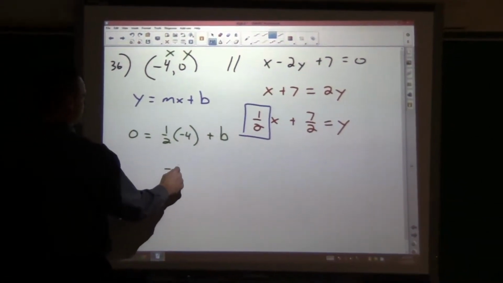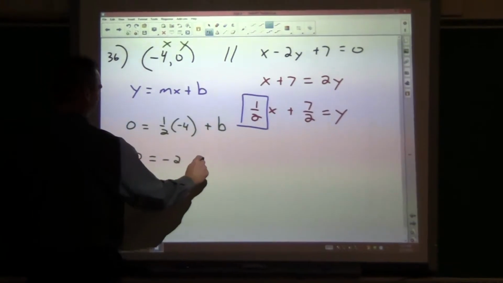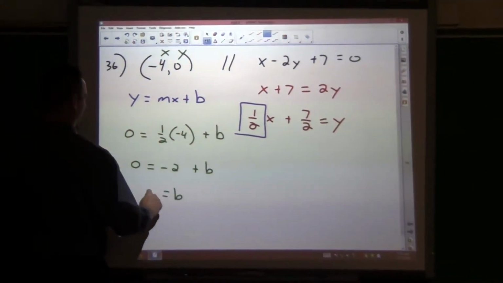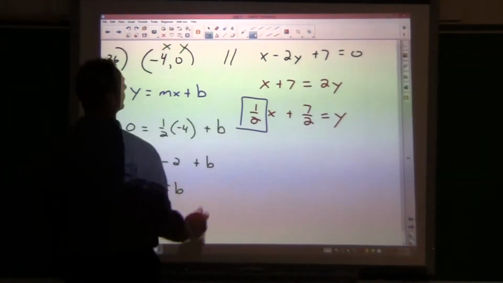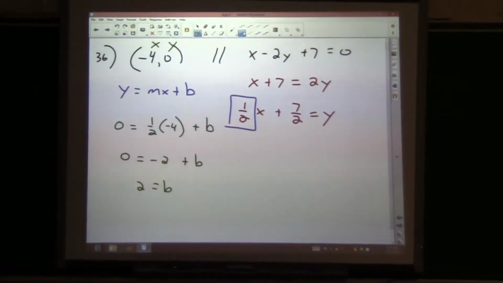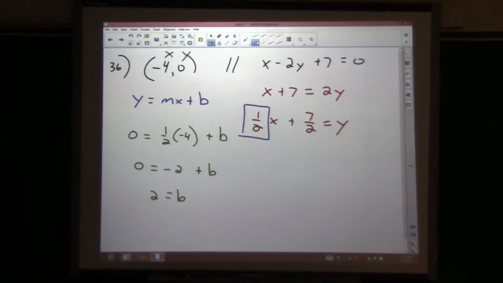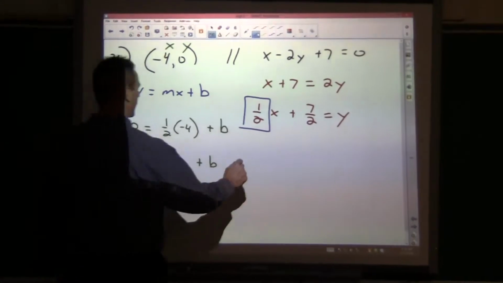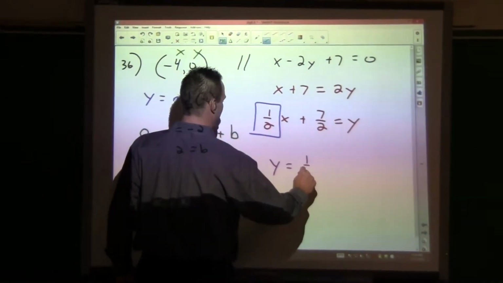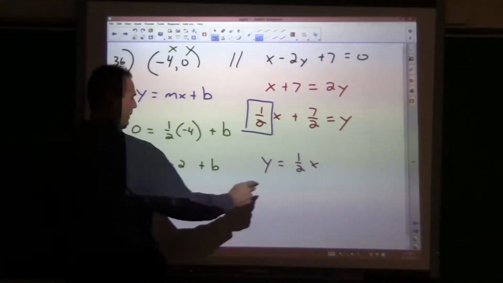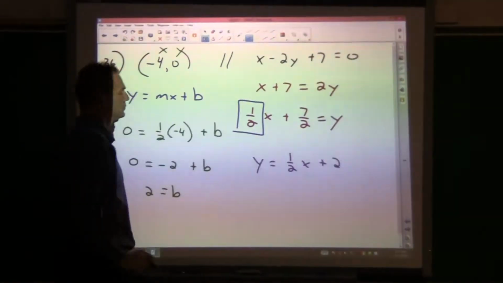Half of -4 is -2. Solve for b, b = 2. Write my equation first in slope-intercept form: y = 1/2 x + 2.